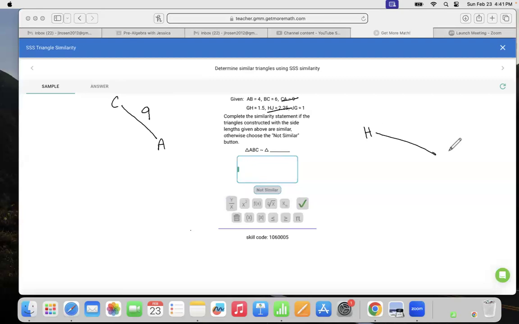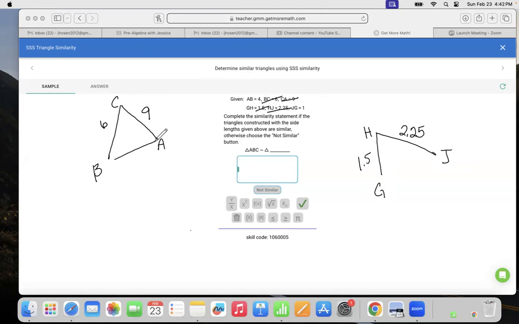So I'm going to draw another one over here that is going to work in the same method. Then my next shortest here is BC. So that means B is going to be here, and that's going to be 6, which means my next shortest is going to be 1.5. And that's GH. So the G is going to go here, and that's 1.5.